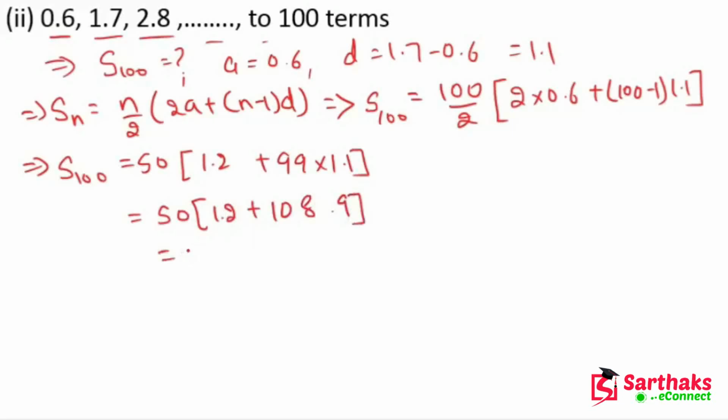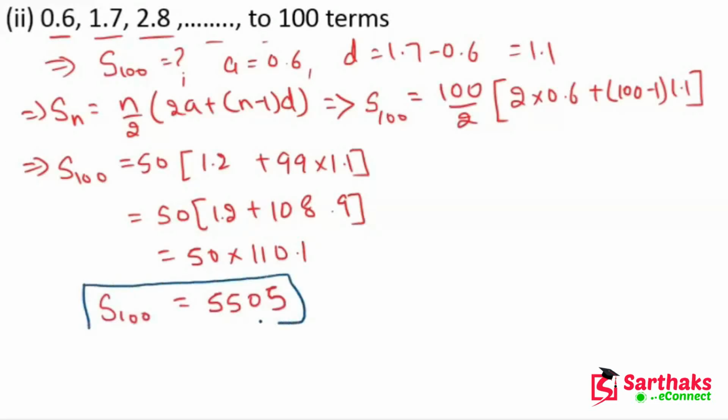If we solve it, we get 50 into 110.1. If we multiply this, we get 5505. So this is our S100, this is our answer.